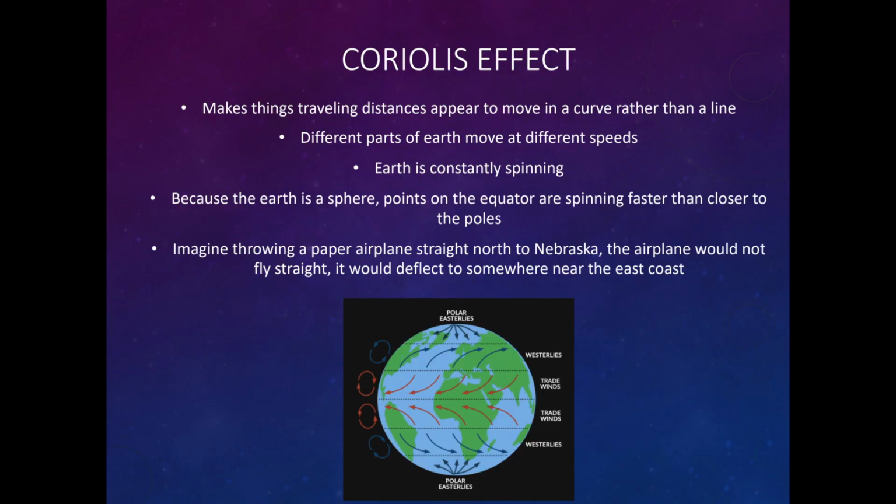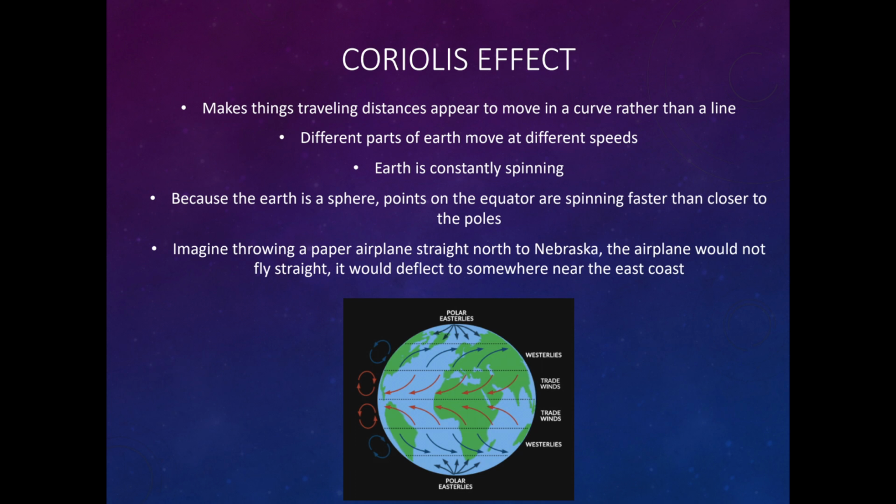So it collapses. All right, so again, I mentioned how waves are formed from the friction of the wind. So it actually is part of what we call the Coriolis Effect. The Coriolis Effect makes things traveling over different distances appear to be moving at a curve rather than a straight line.